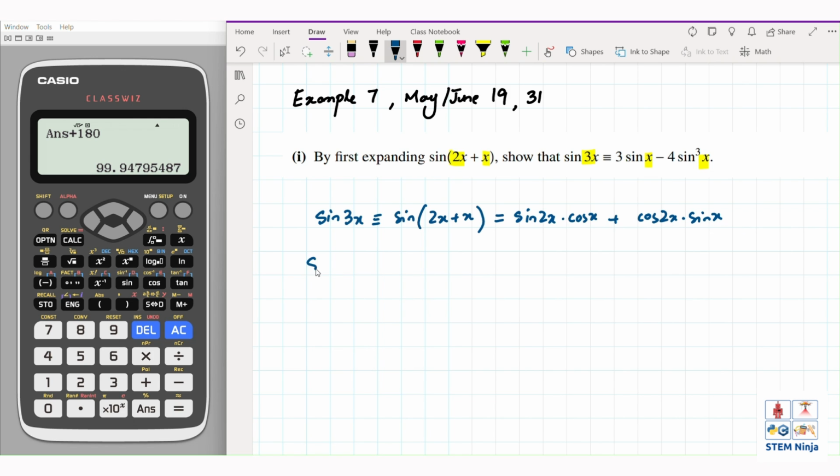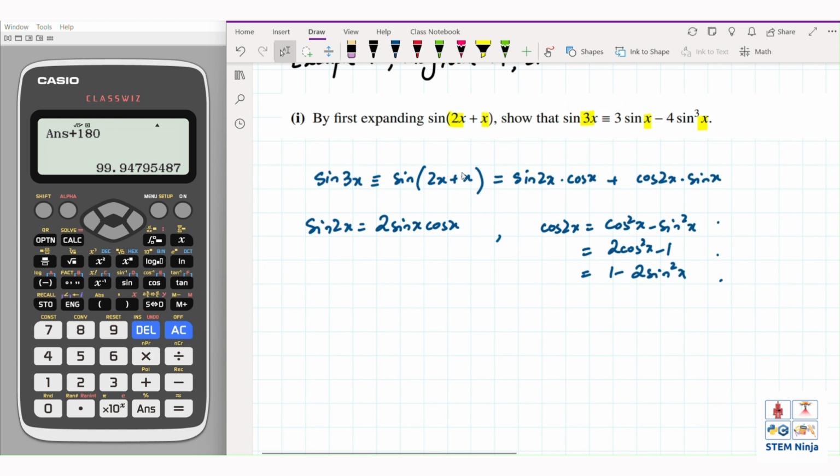Sine 2x we know can be written as 2 sine x cos x. However, cos 2x can be written three ways: cos squared x minus sine squared x, 2 cos squared x minus 1, and 1 minus 2 sine squared x. So we need to be very careful with which variant we use over here.